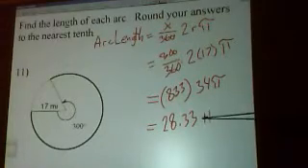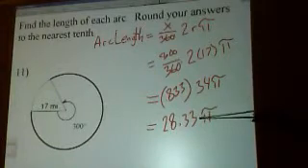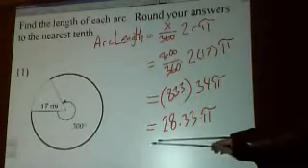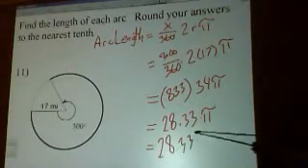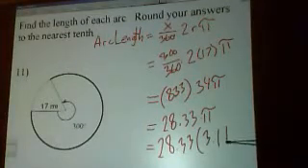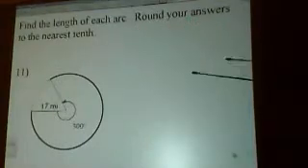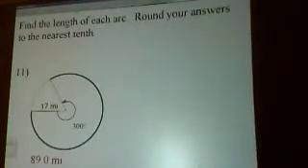And then pi, in this case, I really don't want to bother, but if you want to multiply it times 3.14 for that last step, for 28.33 times 3.14, round to the nearest tenth, you should get something pretty close to 89.0. Okay?